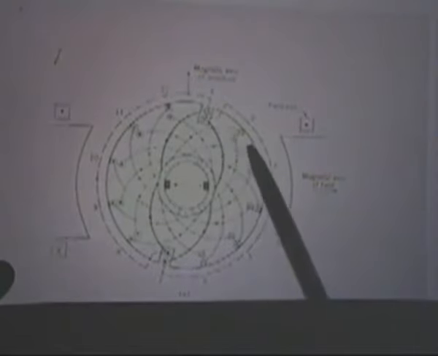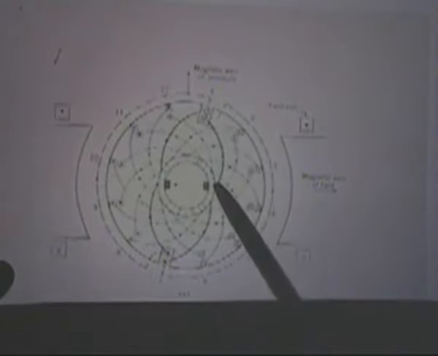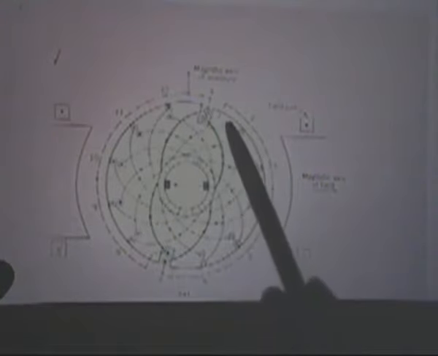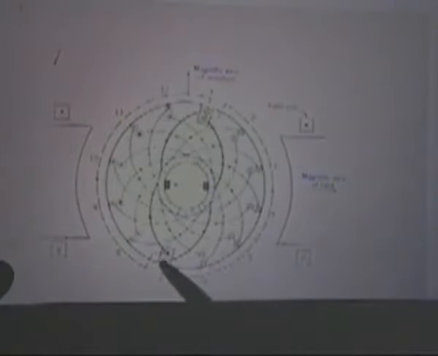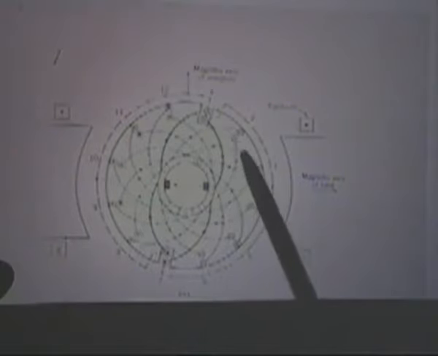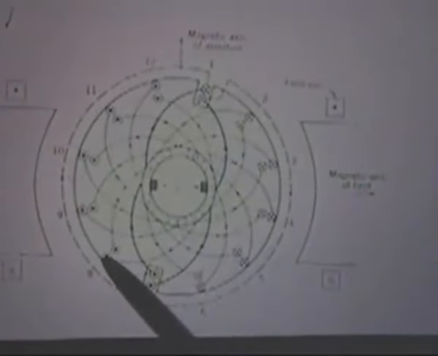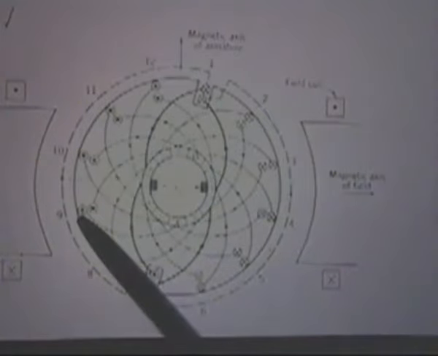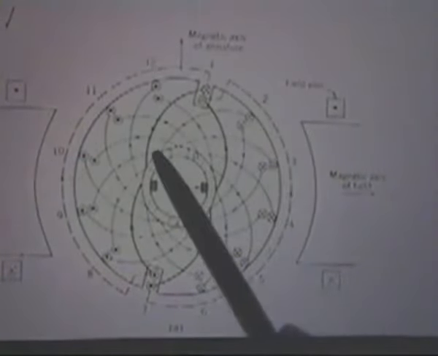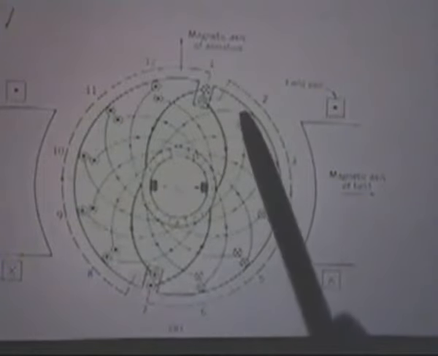And the junction points where these are all connected, we will see how they are connected. You will see 1 bottom goes to 7 top, 2 bottom goes to 8 top, and 3 bottom goes to 9 top, like this. So this is a double layer winding, where the top of a coil side goes to the bottom of another coil. So they are at 180 degrees.